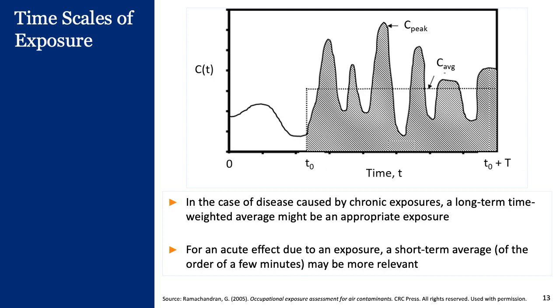So the area of that rectangle is essentially the same as the area of the shaded area under the curve. And so that is what we mean by an exposure. We are essentially taking an average over some time period. And that average is representative of all the variations, and it is basically giving you the same area under the curve as the actual time variation.